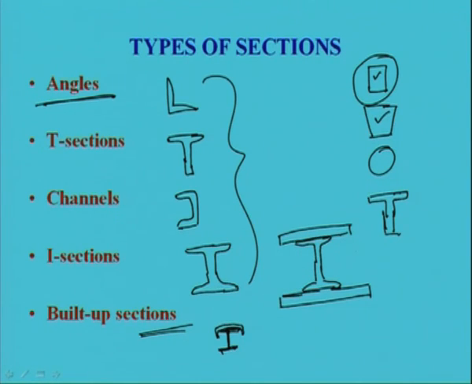So, what is the advantage of this type of section? As we know, if we see the I section, the moment of inertia, that M by I is equal to sigma by y, right. So, we can find out the moment carrying capacity M is equal to sigma by y into I, right.